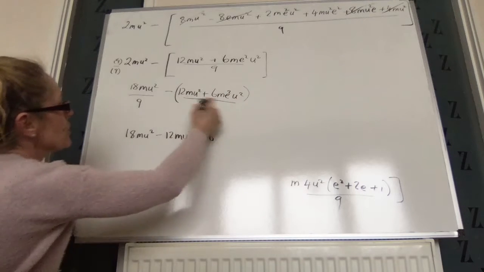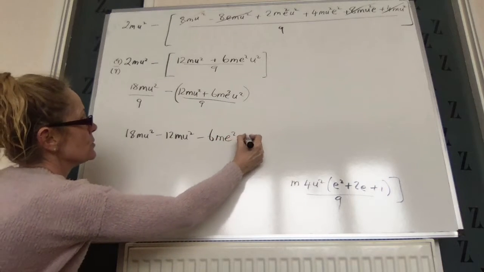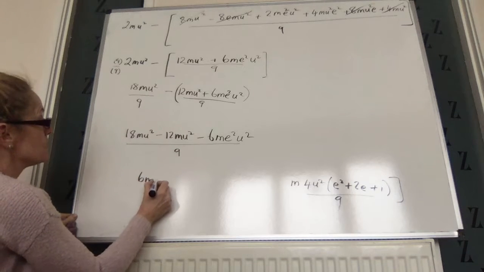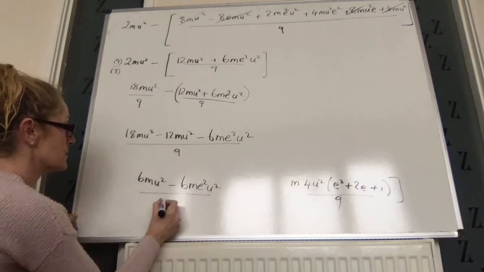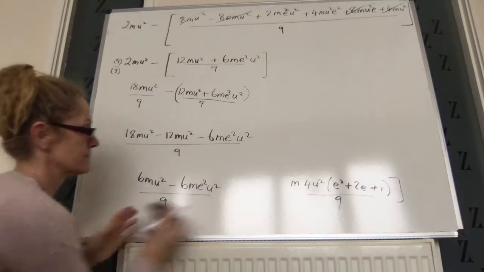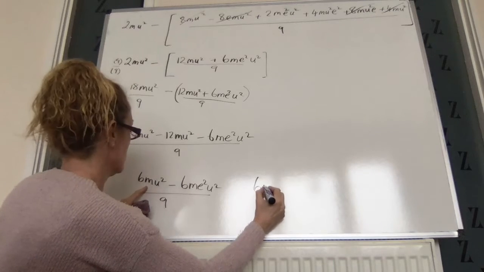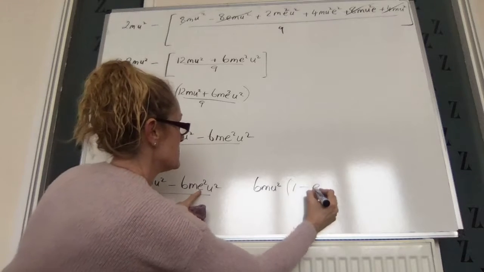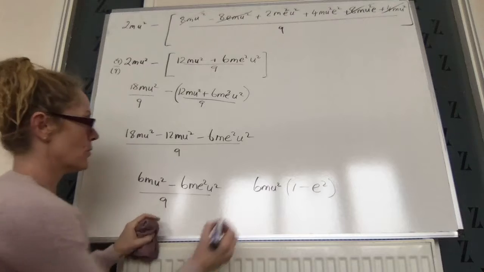Remember you are taking away all of that, so that's 6mu squared minus 6me squared u squared over 9, which we can factor out: 6mu squared into 1 minus e squared over 9.